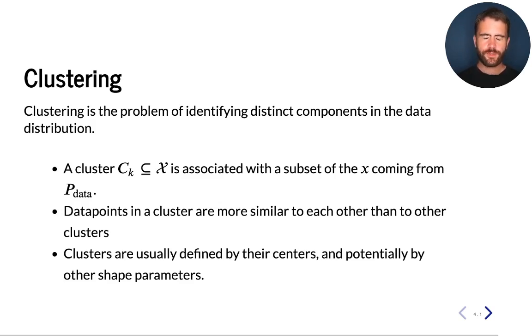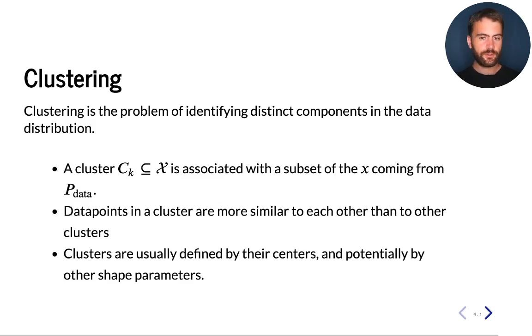It's a more precise way of defining our intuition that we had earlier, that a cluster is a group of points that appear closer together, that are clustered together in feature space, and that are distinct from neighboring points.